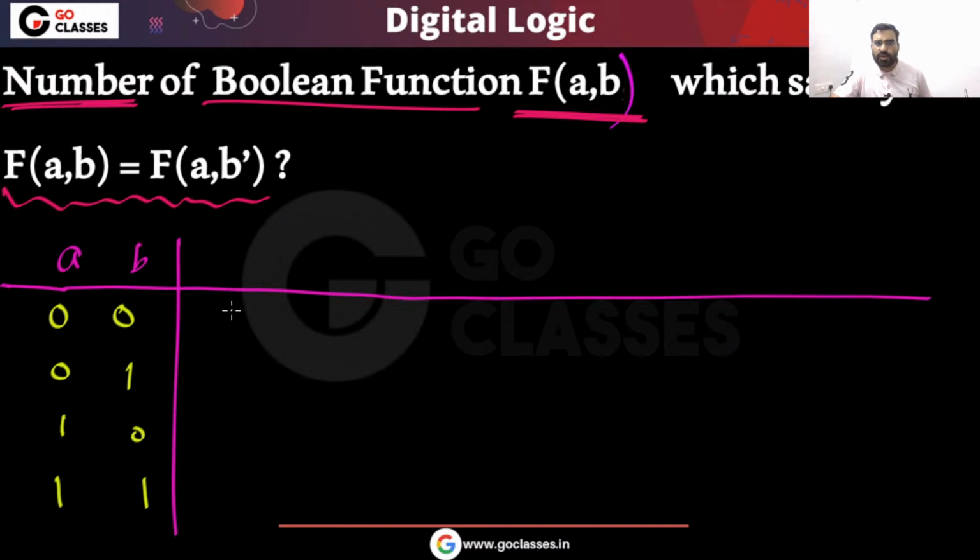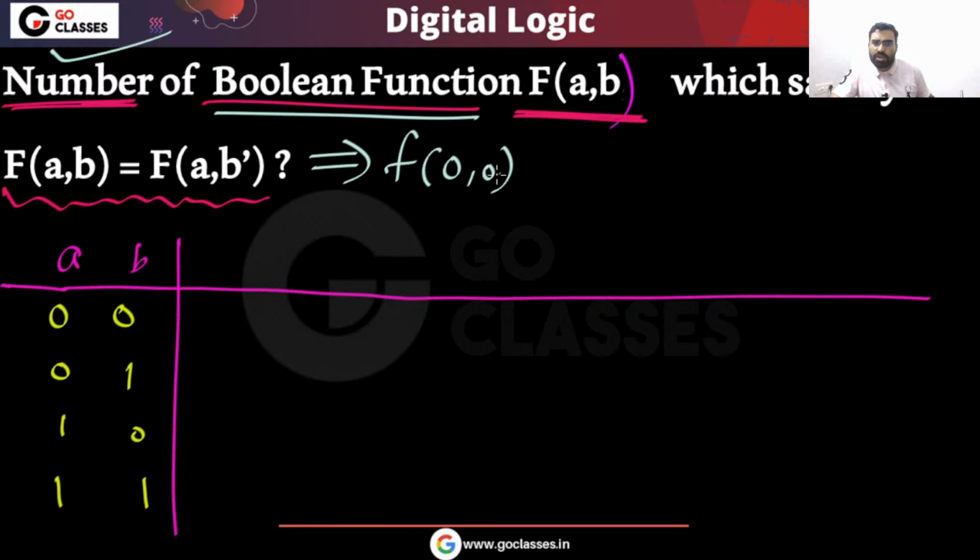On two variables a comma b, we have to count the number of functions which satisfy this property. What does this mean? Please tell me. This means f0 comma 0 should be the same as what? Tell me, f0 comma 0 should be the same as what?